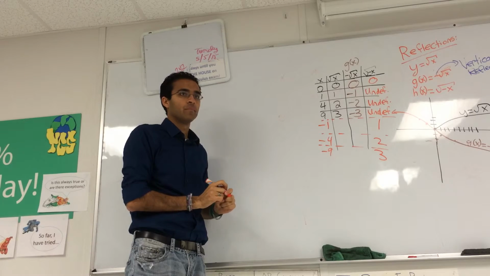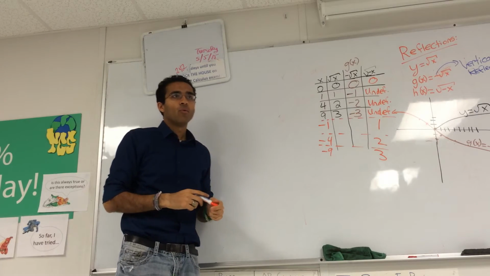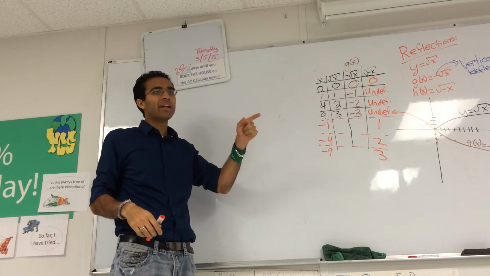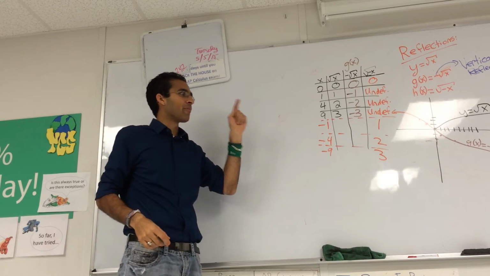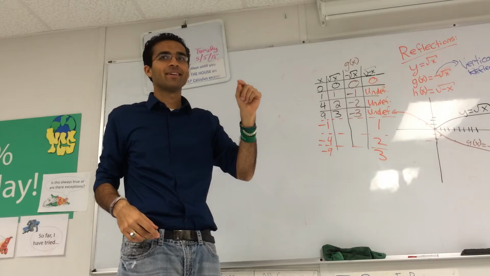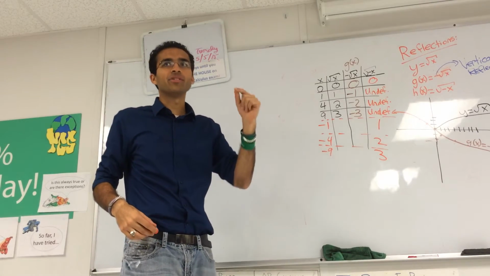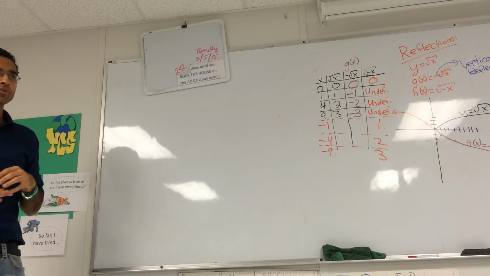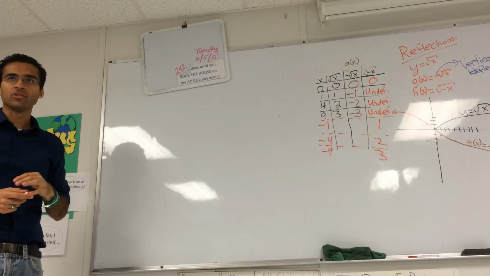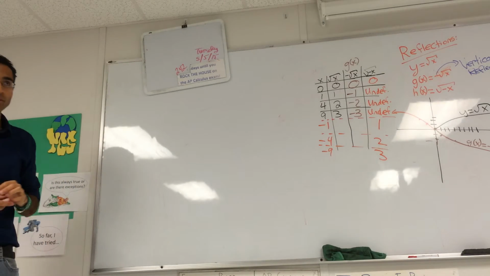Now, when you compare orange to black, what is the difference in the coordinates? Orange coordinates versus black coordinates. What are the differences? Daniel, what do you think?